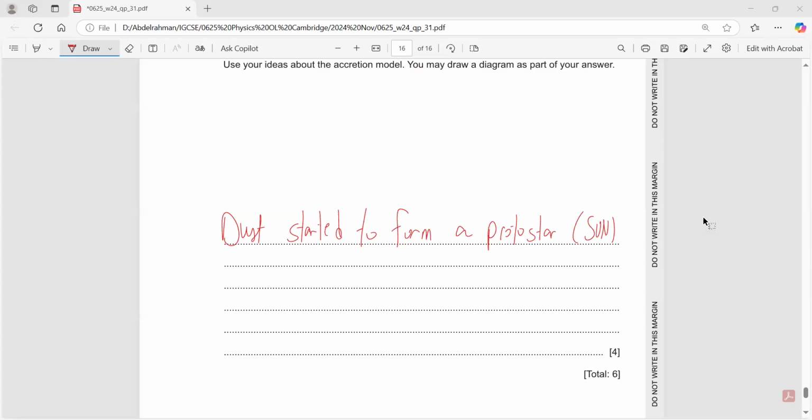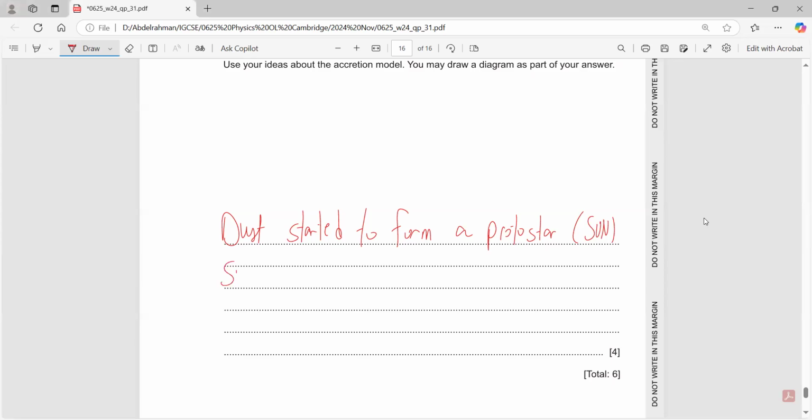Then what happened? The material kept on colliding. The material kept on being attracted to each other. Smaller objects and smaller dust particles kept on getting closer and closer until they formed larger objects.